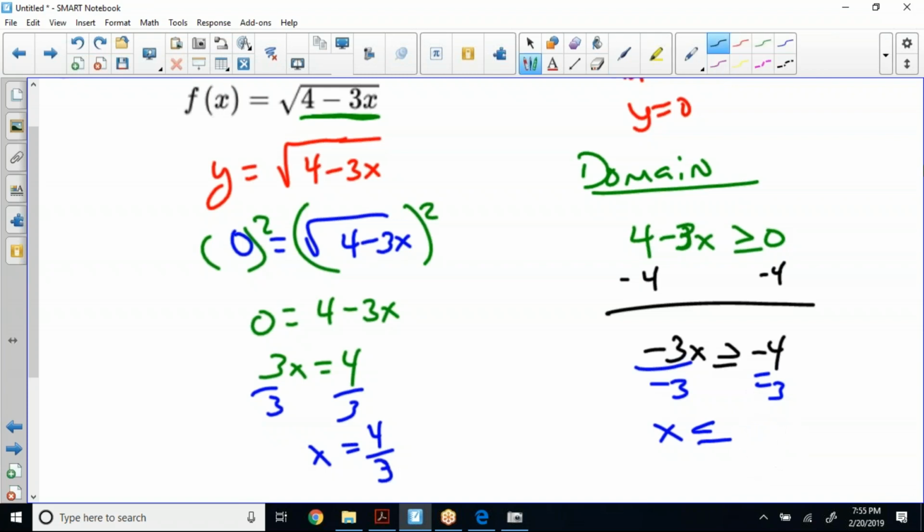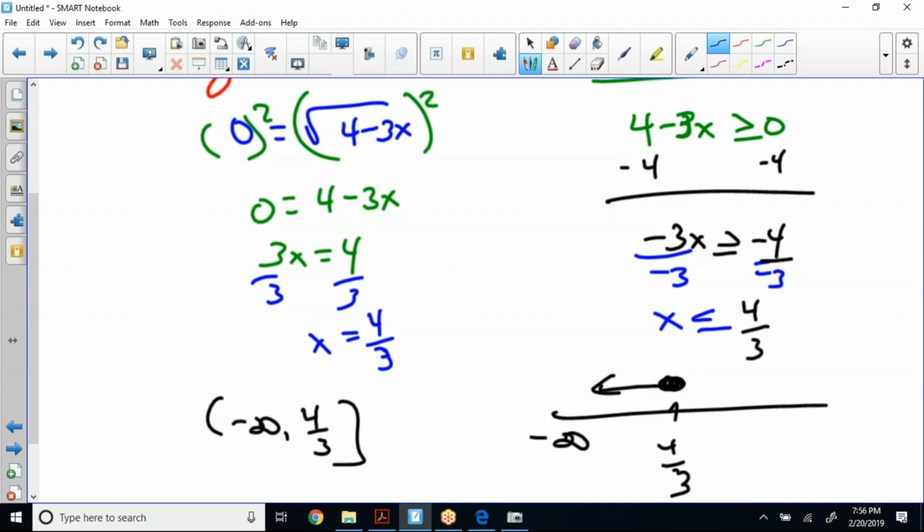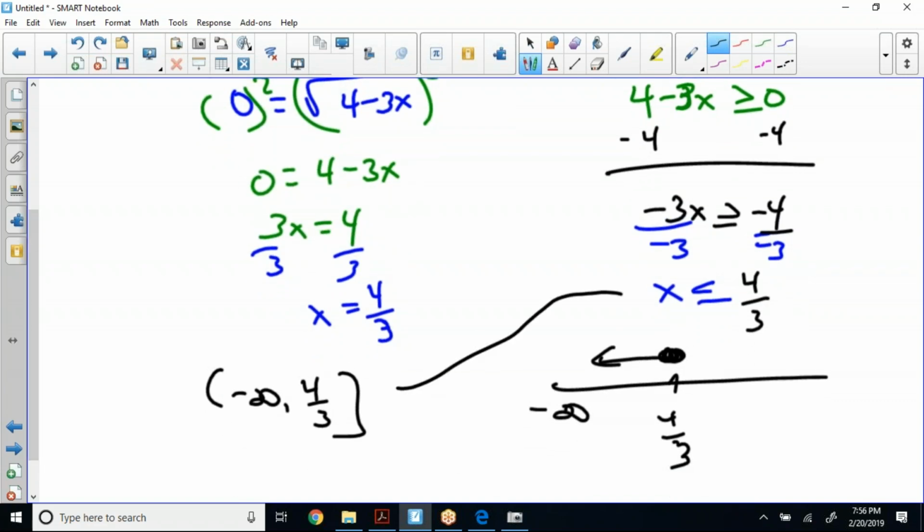Let me rewrite that, because a negative and a negative make a positive. And of course, when you do interval notation, that's 4/3, and that's a closed dot going this way. So negative infinity to that. There you go. And if I had to write it as an inequality, then it would be this. Interval is that. The zero is this, right?